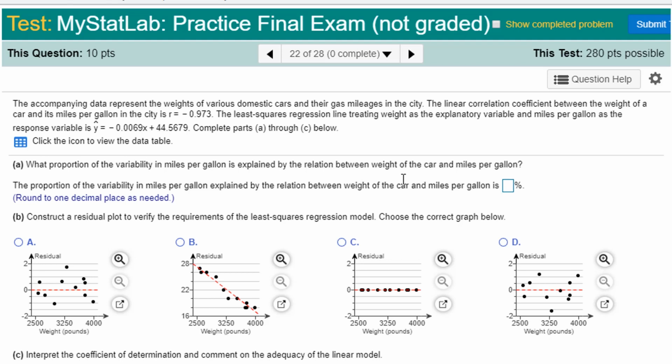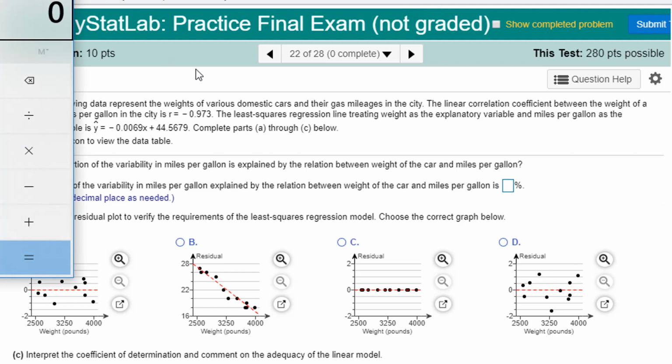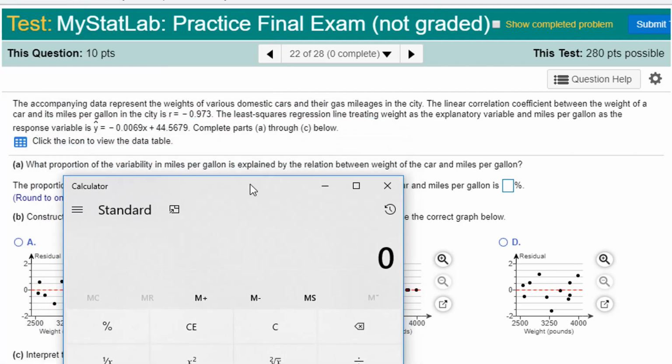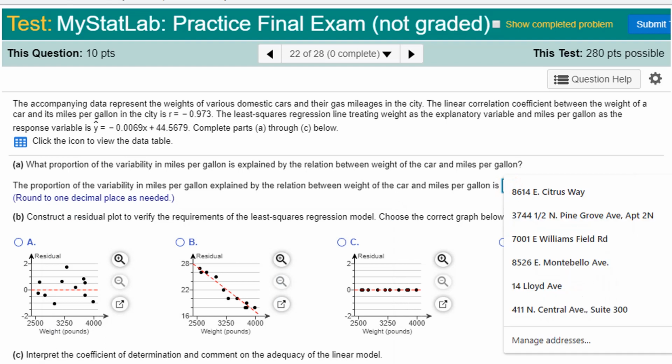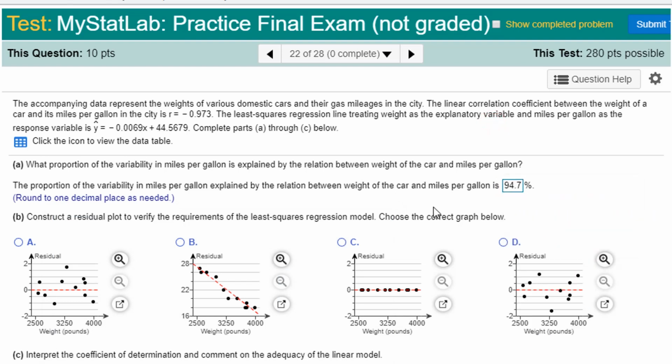I think we can do this without actually doing any StatCrunch. So I'm just going to pull up a calculator, and I'm going to take 0.973 squared. So I have 0.946729. I want one decimal place, so 94.6729 percent rounds up to 94.7%.